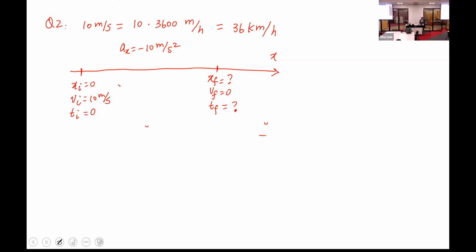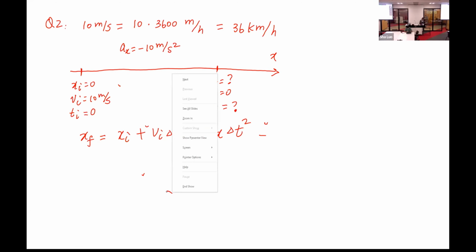One of them will be xf equals xi plus vi delta t plus half ax delta t squared. In this equation, the only unknown is the final position here. We know this equals 0, 10.